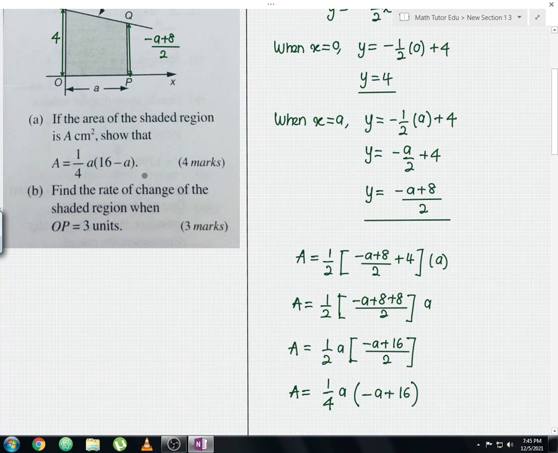So it is similar to the final answer, but if you wish to follow exactly the expression over here, also no problem. You can rewrite this as 16 minus a. Basically it is the same. So we have successfully proved that the area of the shaded region A is equal to 1 over 4 small letter a in a bracket 16 minus small letter a.